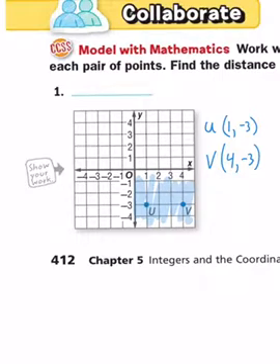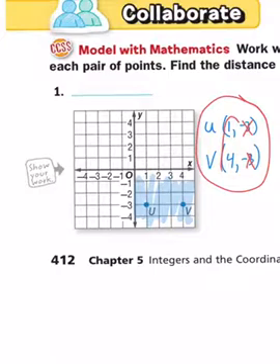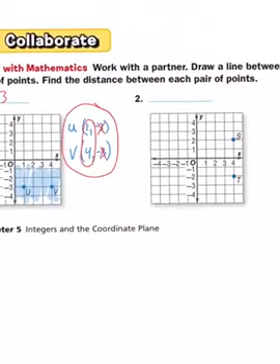So that means you find the coordinates that are different. So let's look here in the coordinates. See how the y's are the same? The ones that are different are here. Because they're in the same quadrant, you subtract. So 4 minus 1 is 3. That's the distance.